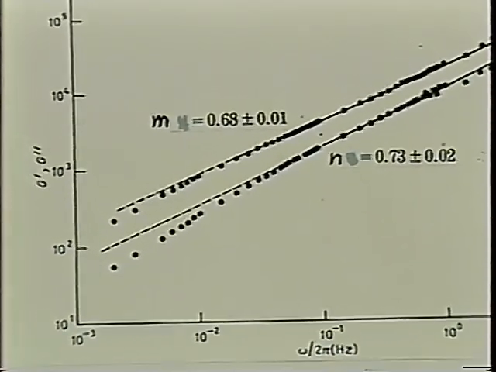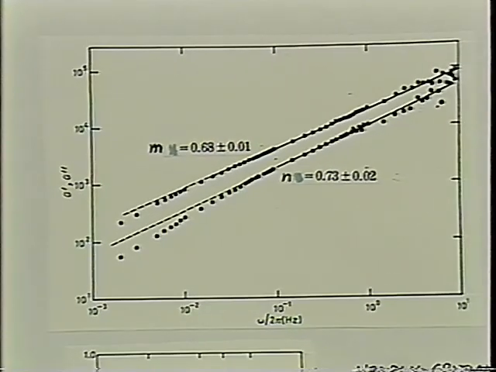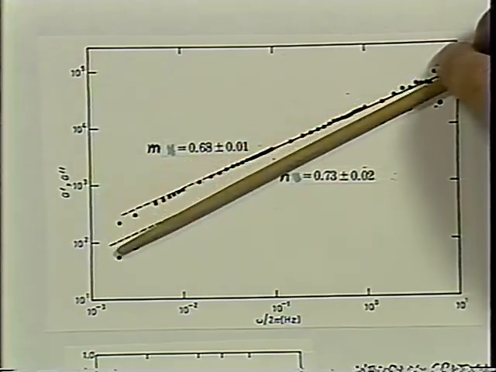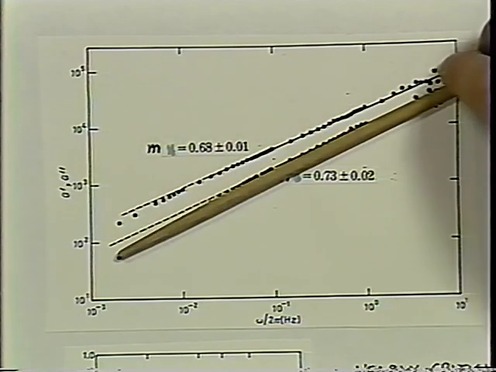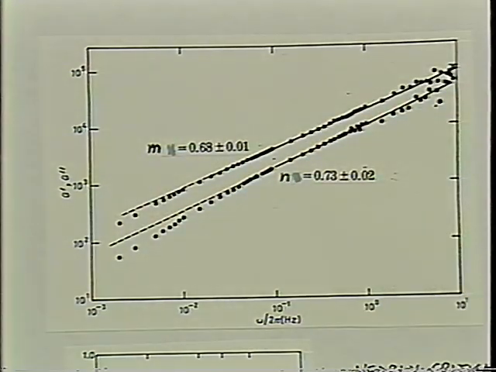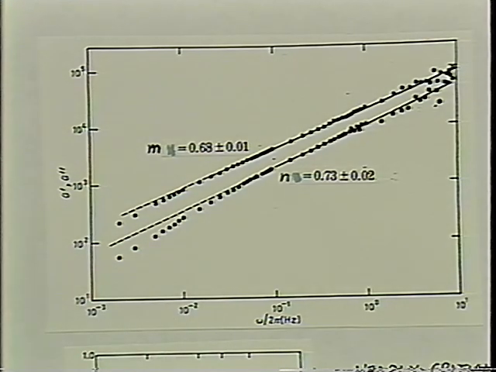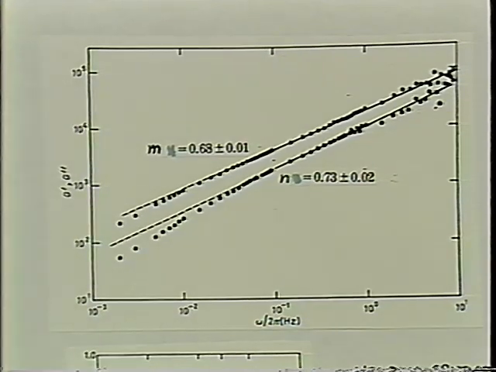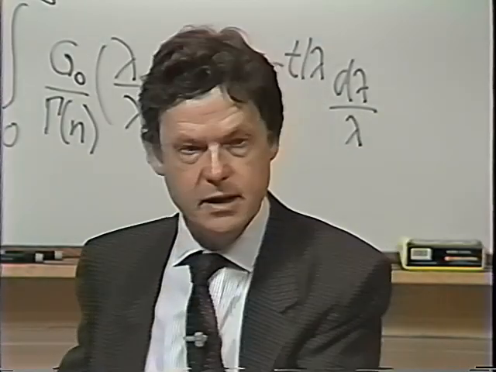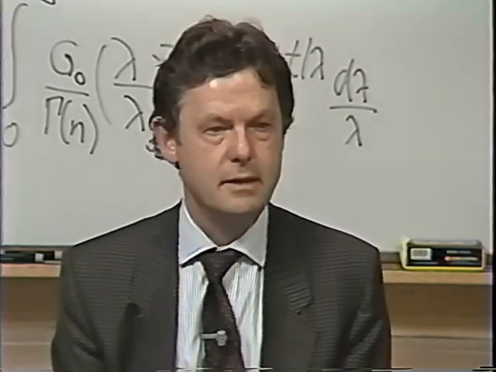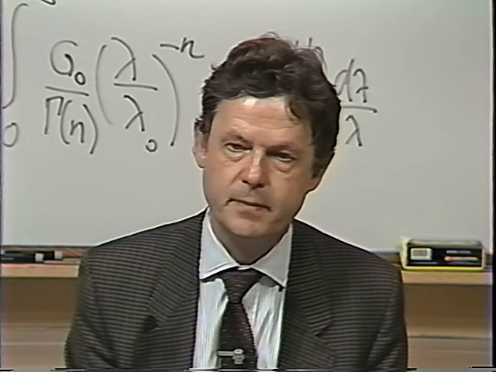And if you take G', G" for those materials, they haven't reached the gel point yet, so the slope is still a little different between the two. And we know at the gel point the slopes have to be identical, but the slopes are really close to 0.7. And that type of large exponent is what we would expect in off-balance stoichiometry systems. And that's consistent with everything we are finding in all of our experiments.